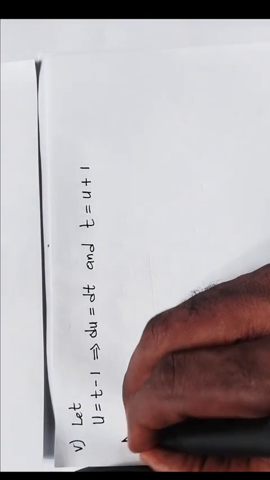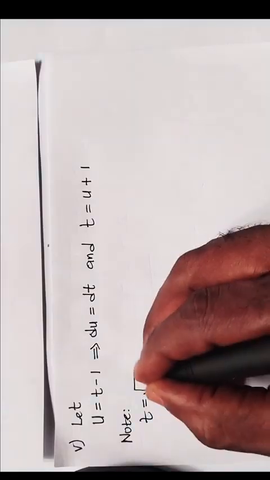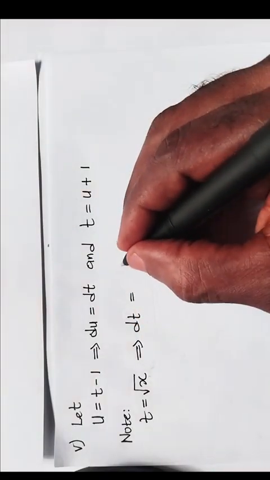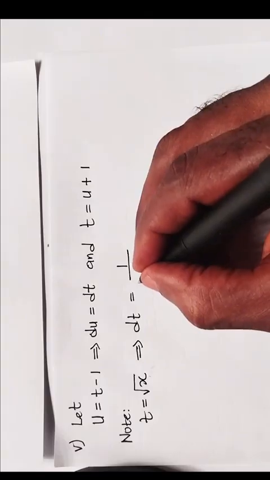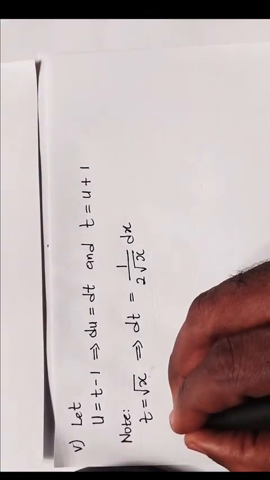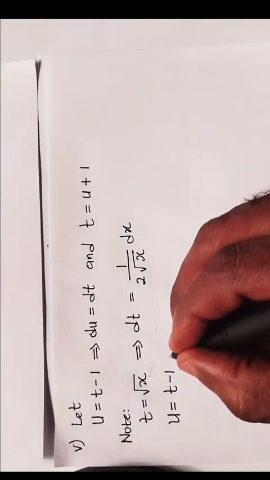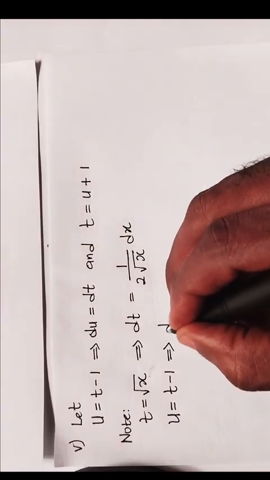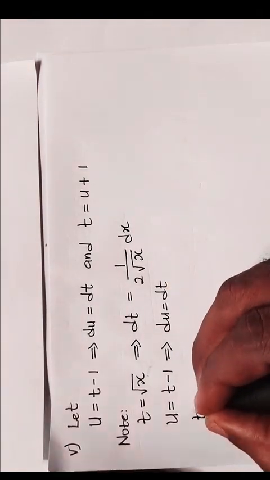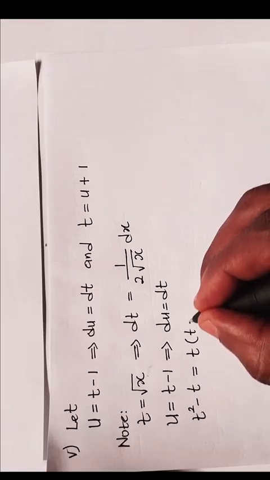Also, we should note this important point: t is equal to the square root of x, which implies that dt is equal to 1 over 2 root x, dx. We also say u is equal to t minus 1, which implies that du is equal to dt. Now we have t squared minus t equal to t times t minus 1.